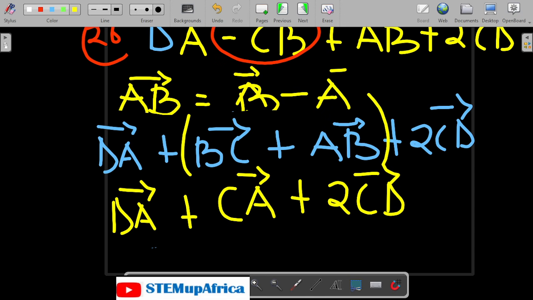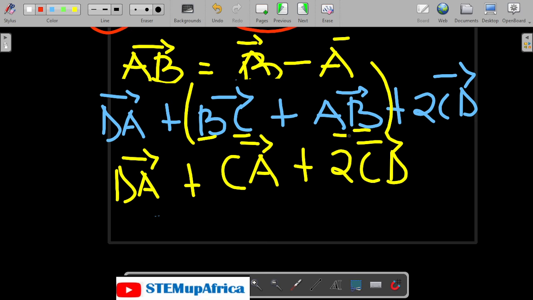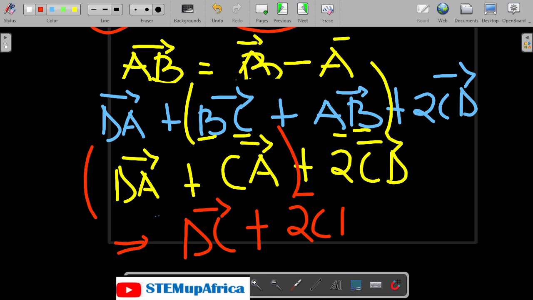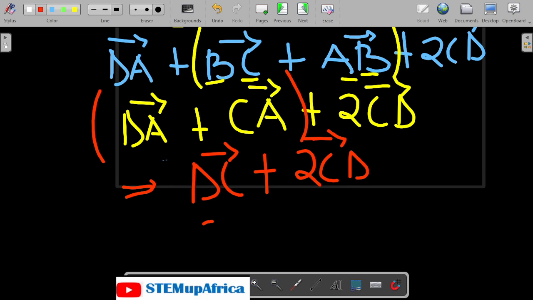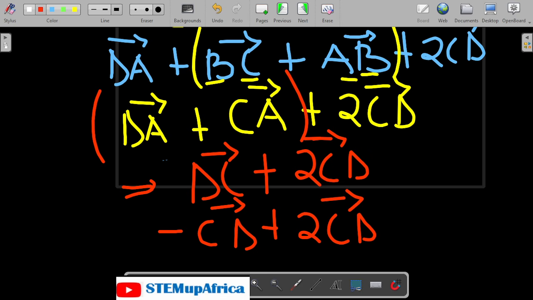Then I can also deal with DA and CD. So DA and AC will give us vector DC plus vector 2CD. So I can interchange this by writing it as CD, which is negative CD plus 2CD. If I add up, then we're going to have CD as our vector, which is option B.